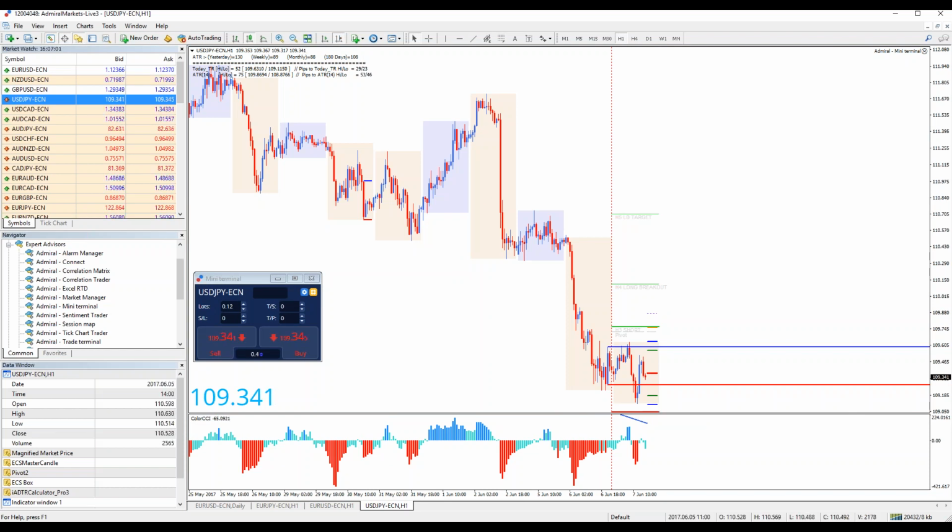We also have, okay, let me see. We also have divergence here. So we could see a possible correction. Yeah, so let's monitor the price closely.